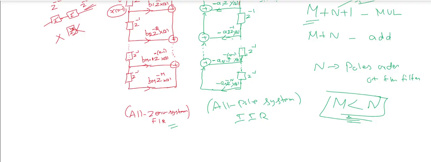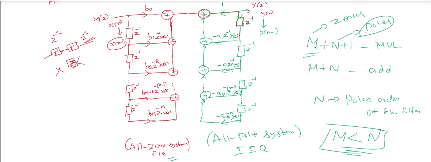So to realize this system in direct form one realization, it requires M plus N plus 1 multipliers, and M plus N adders, and the delay elements, M plus N memory locations.